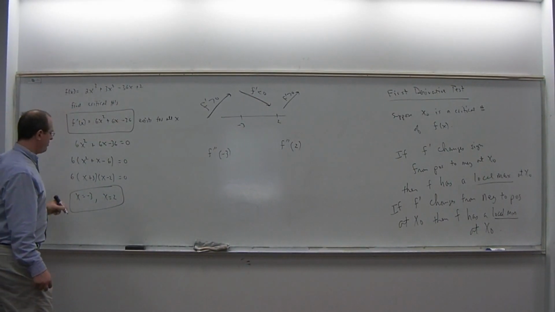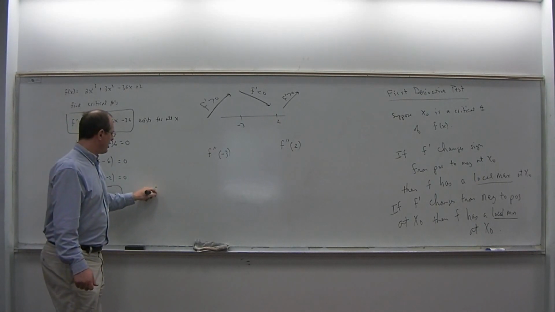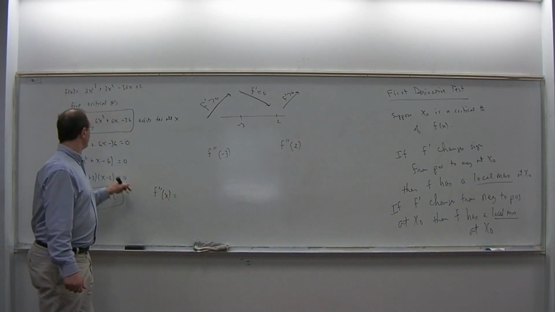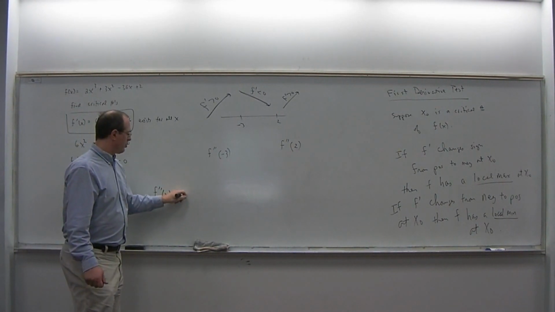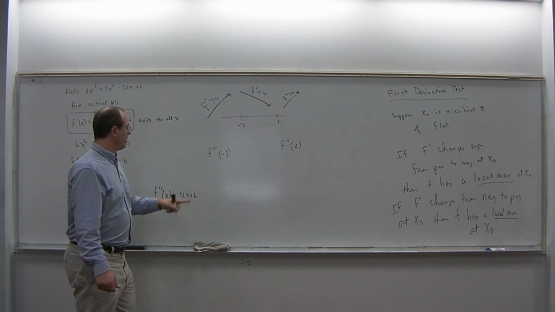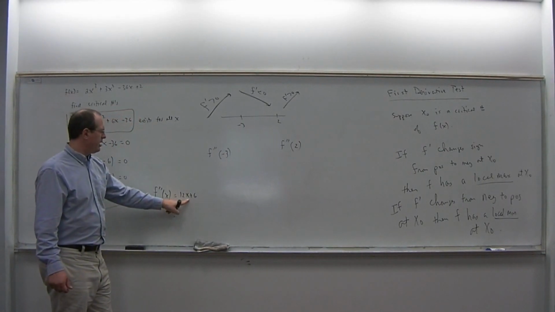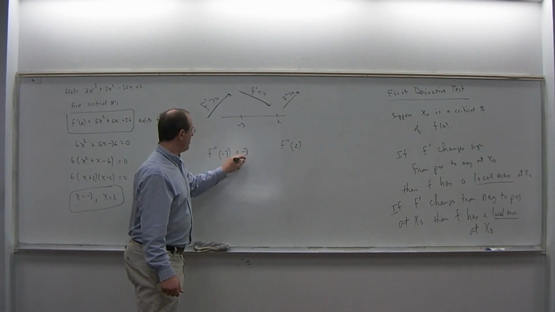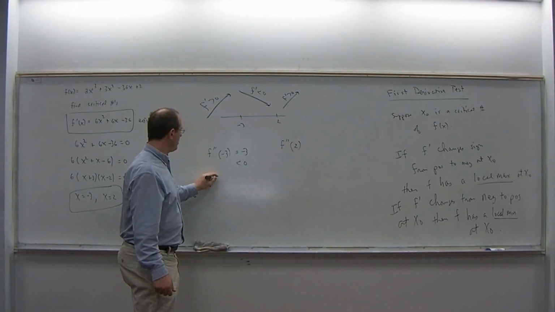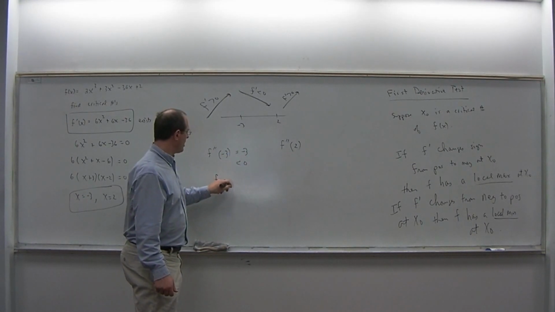Here's f prime. So f double prime is 12x plus 6. So f double prime of -3 is -30, which is negative, which means that we should interpret f as being concave down.